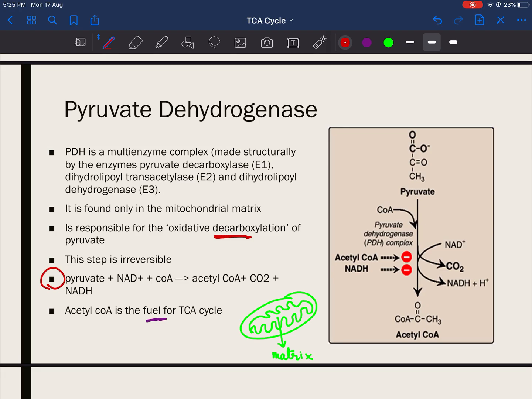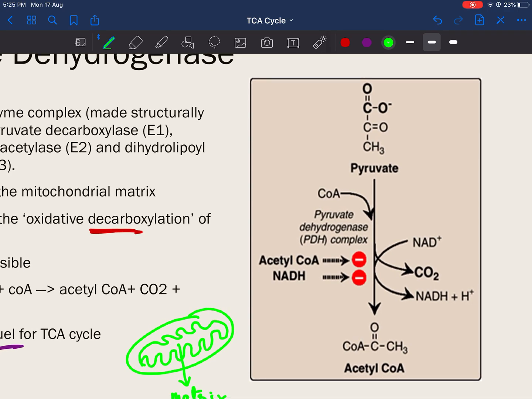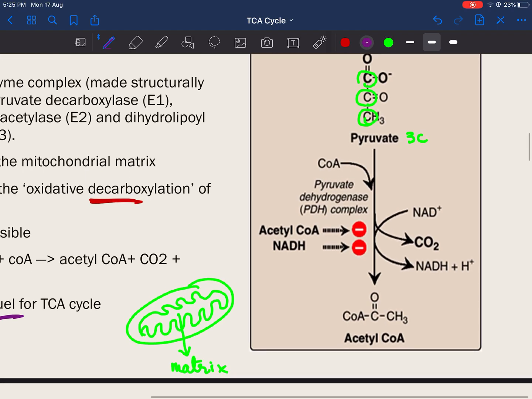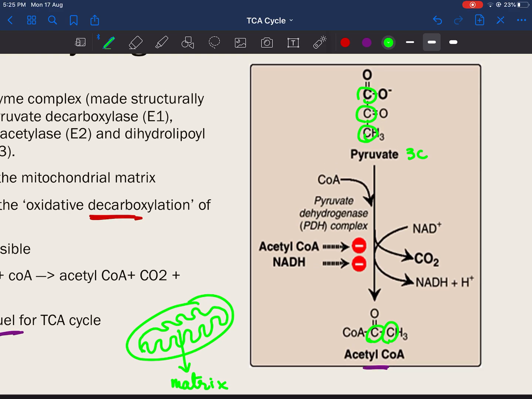So if we were to look at this diagram in a little bit more detail, we can see that one molecule of pyruvate has 1, 2, and 3 carbon molecules. However, to convert into acetyl-CoA, you only have 1, 2 carbons, which means that we need to get rid of 1 carbon, and this is what decarboxylation is.